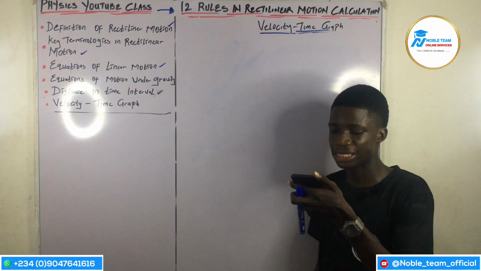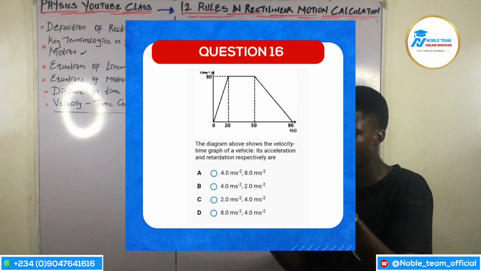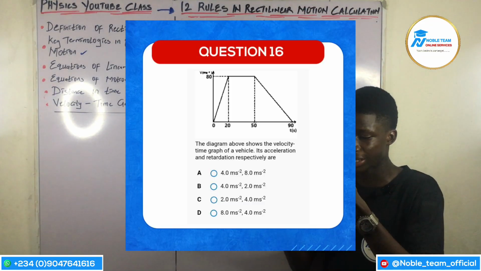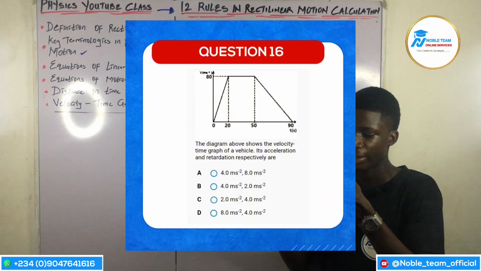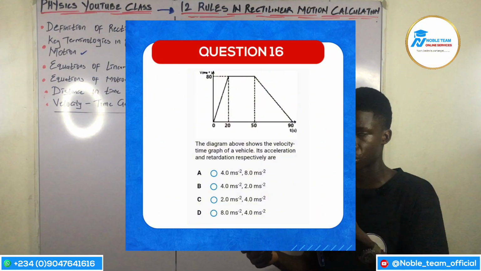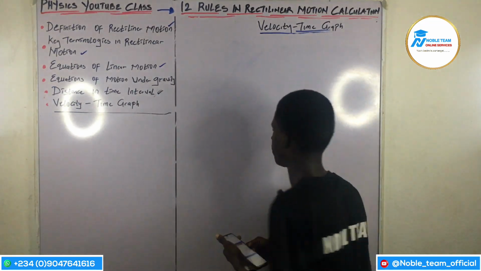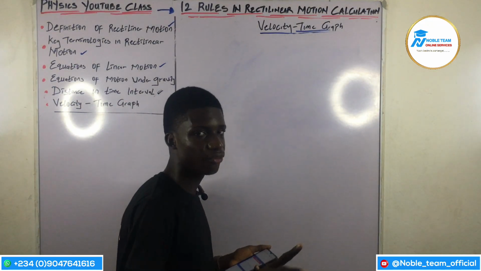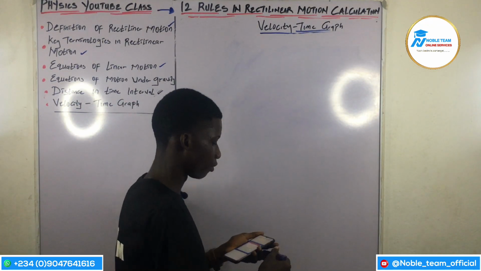Now question 16. The diagram above shows the velocity time graph of a vehicle. Its acceleration and retardation respectively are what? Now let's solve. Remember that retardation is in a negative form, acceleration is in a positive form.